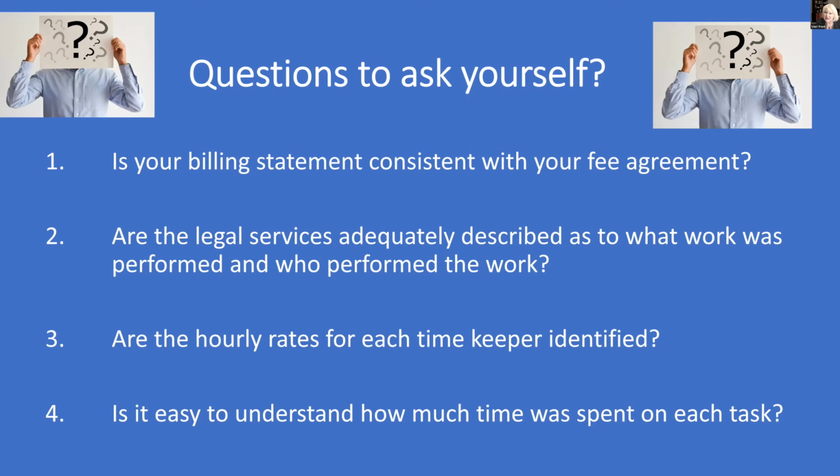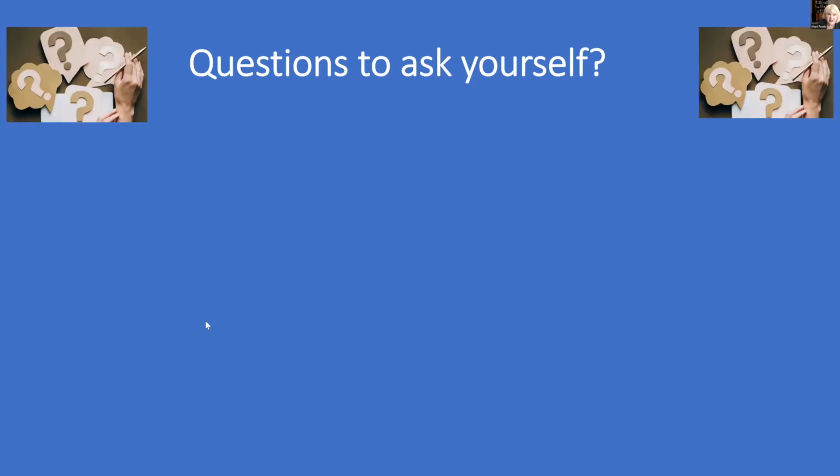Is it easy to understand that if you are writing a letter, maybe that's 0.3, but a settlement agreement might be 1.2? So you need to be real clear, and the smallest increment should be clarified. So just take each section of what you've done and make it very clear on your billing statement.